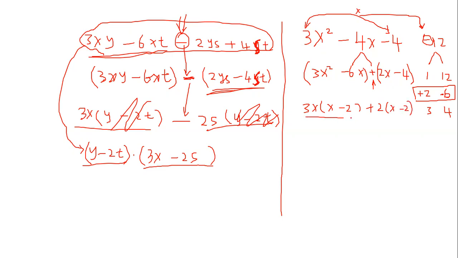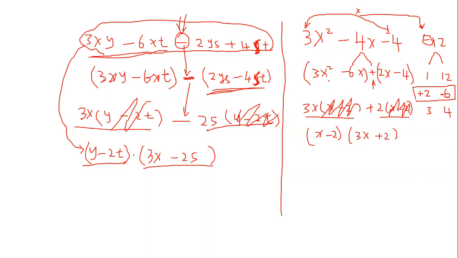Now we see that both groups have x minus 2, so x minus 2 is in common. We take it out. Once we take it out, in the first group the x minus 2 is gone, so the 3x is there. For the second group, the x minus 2 is gone, so only positive 2 is left.